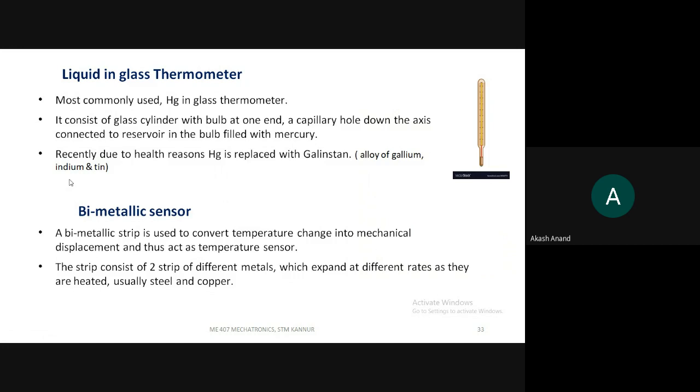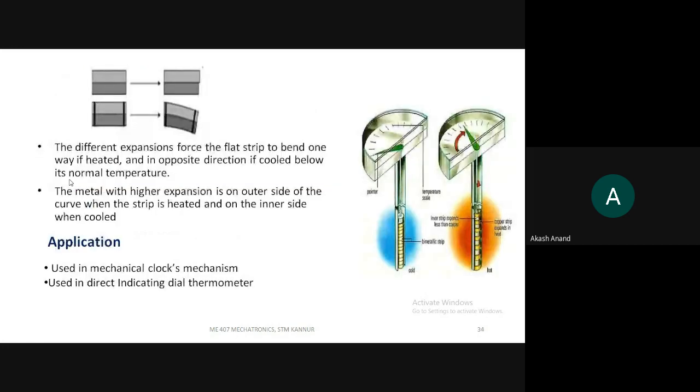It consists of two strips of different metals which expand at different rates as they are heated or cooled. Usually steel and copper are selected as the two different strips. The different expansions force the flat strip to bend one way if heated and in the opposite direction if cooled below its normal temperature.